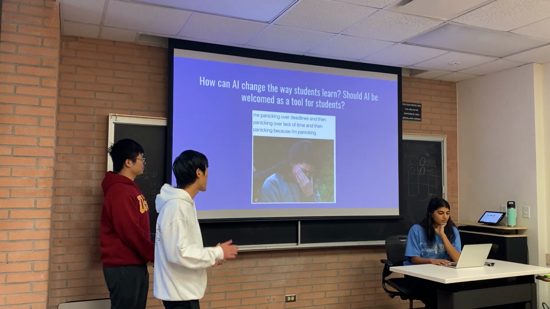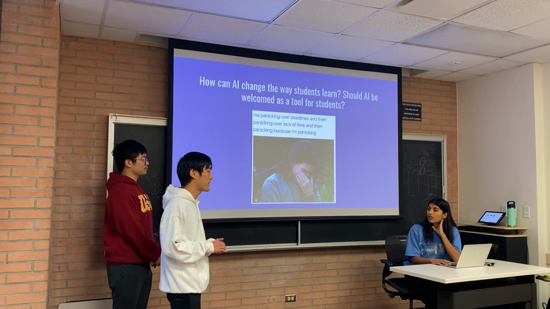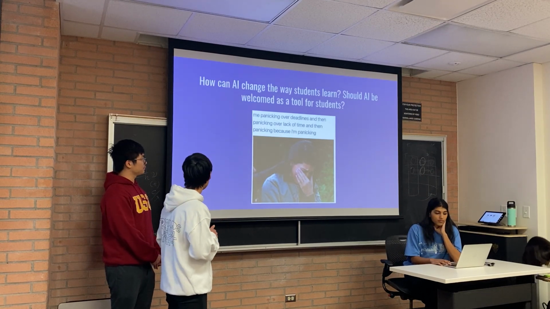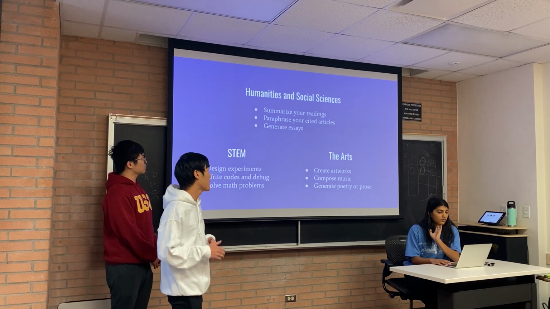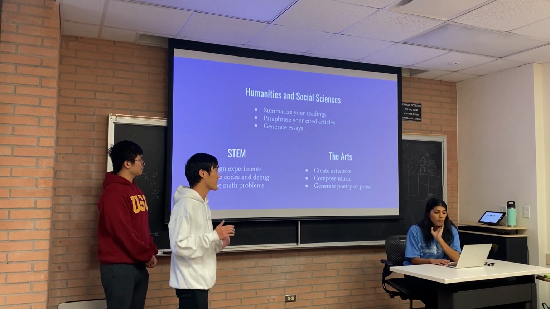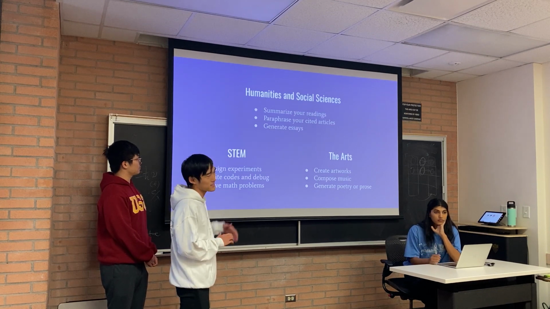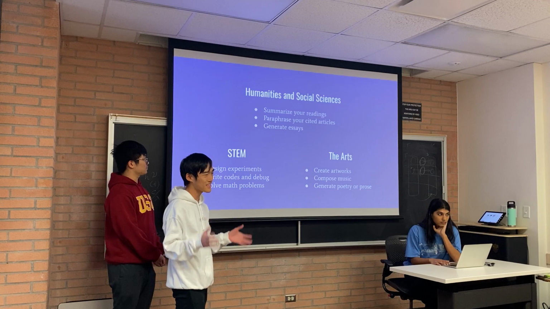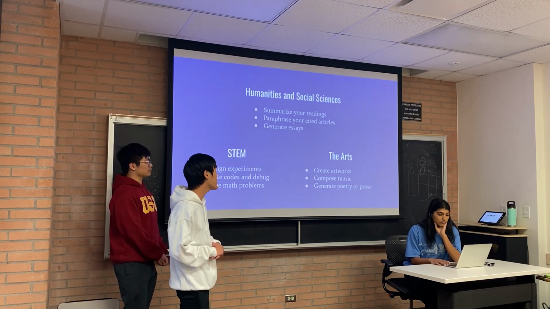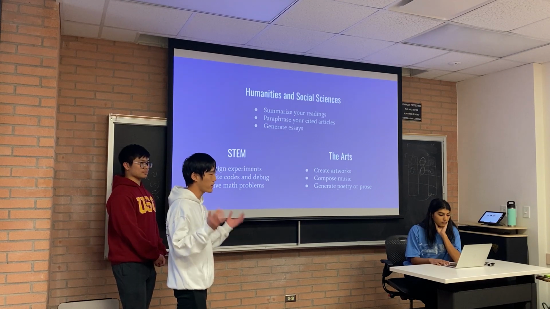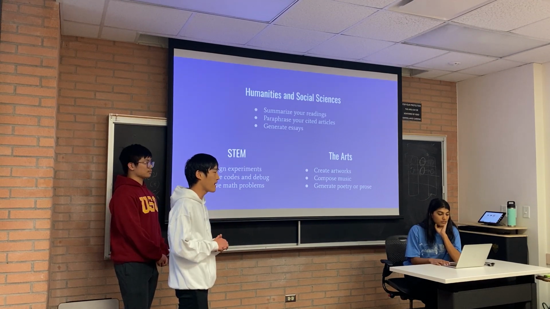So we're going to talk about how AI is affecting our study as students. Basically AI can be applied to every discipline you can think of. In humanities and social sciences, you can use it to summarize your essays or even generate your essays. In STEM subjects, it could be used to design experiments for physics or biology.